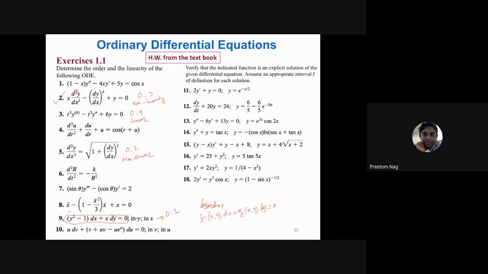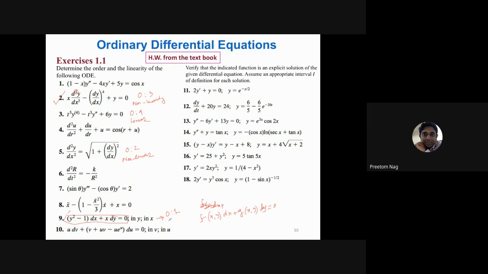Now the next thing is whether it is linear in y or linear in x. It is non-linear in y because the power of y is 2, but linear in x. Why linear in x? Because the power of x is 1 and the power of dx is 1.